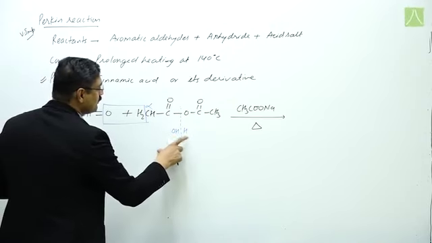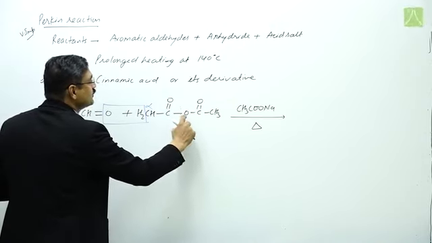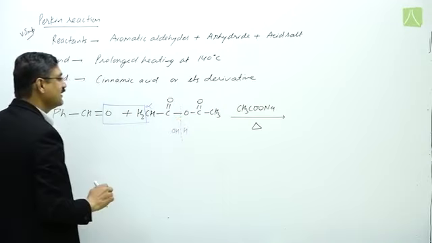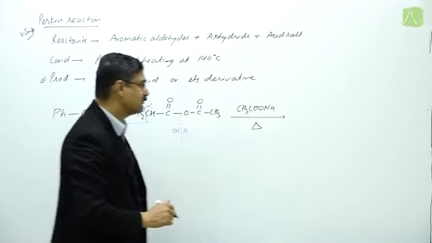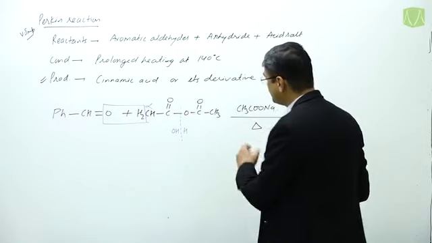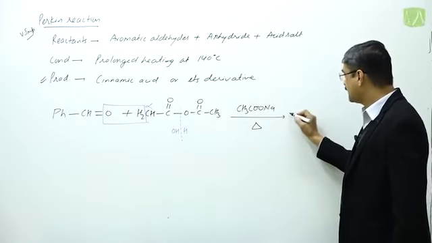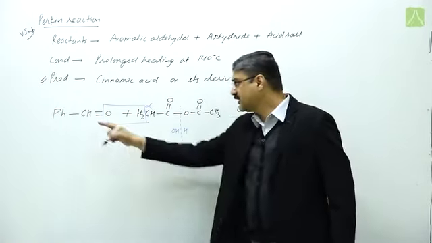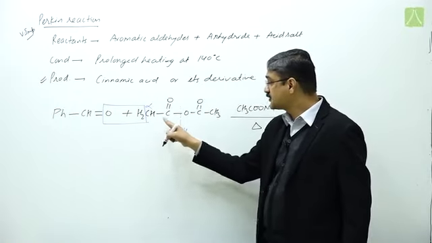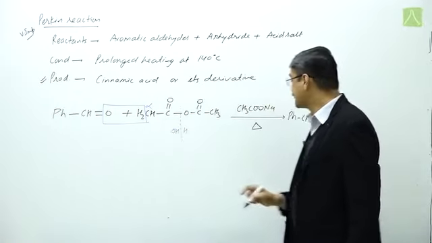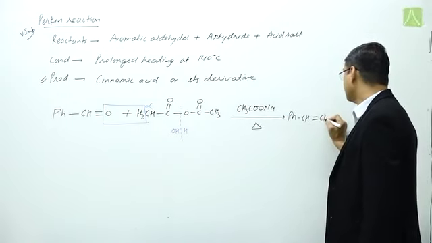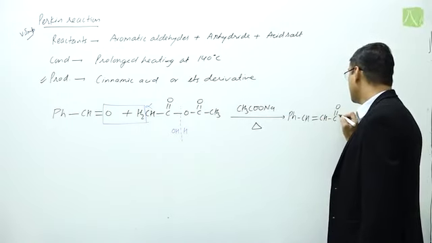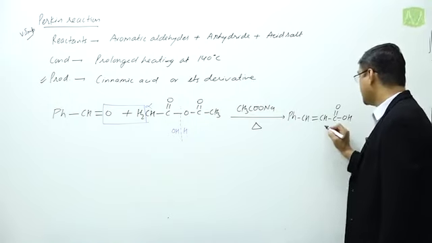That's why this water molecule is again used to hydrolyze the anhydride, because anhydride gives hydrolysis reaction in both media, either acidic or basic. So the final product is like this. PhCH comes from the aromatic aldehyde, then CHCOOH comes from the anhydride part.